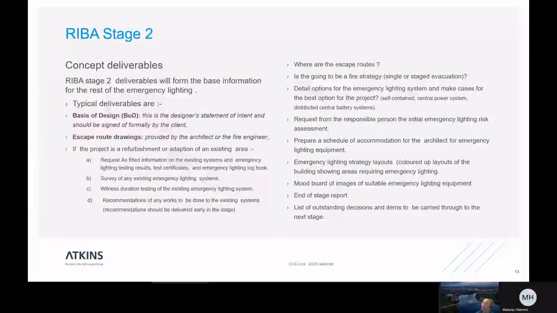But the cutoff point generally is around 120 to 140 luminaires self-contained before central power systems start to become viable in a whole life costing scenario. There may well be other reasons for putting in self-contained or distributed central battery systems, but those central power systems or things there require additional accommodation, which you then got to think about. What's the cost of a space in a plant room or in the basement?